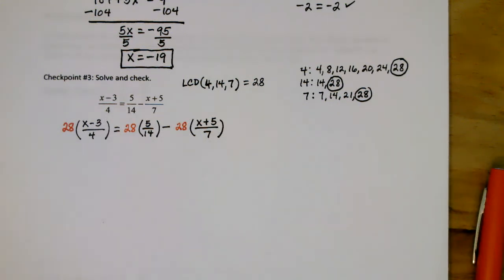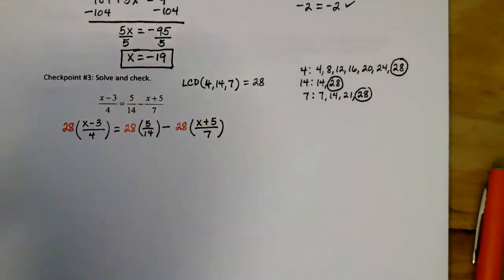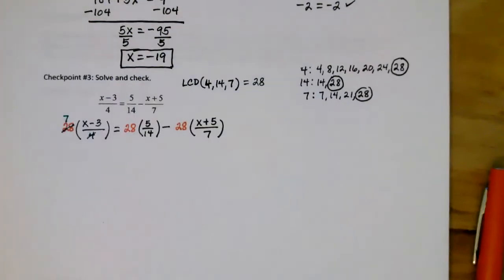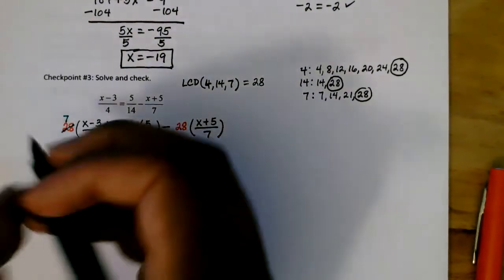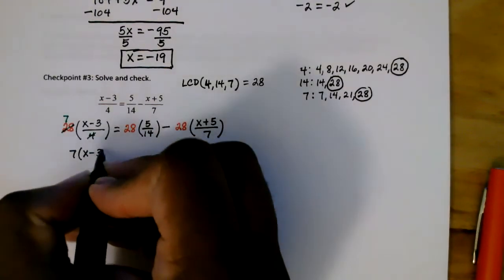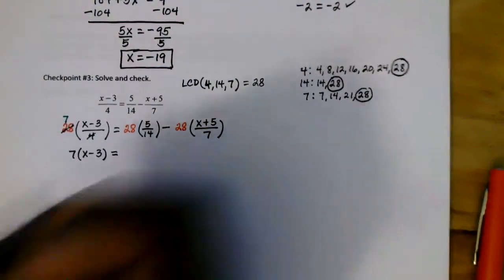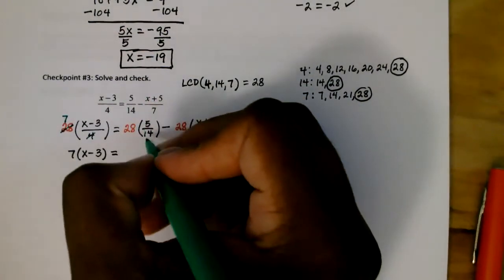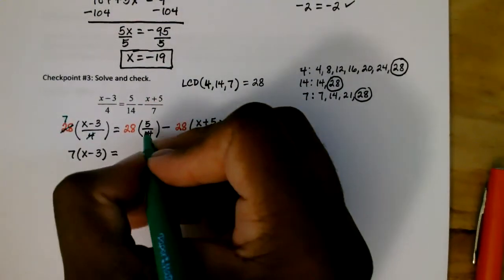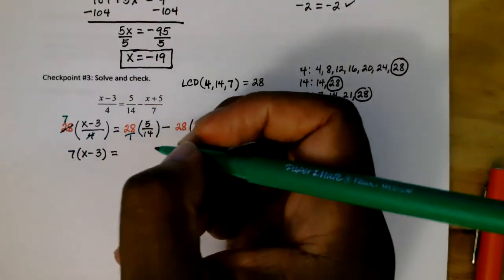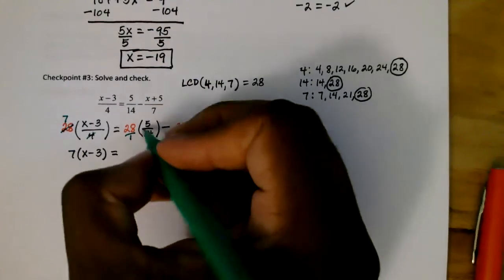And now we're going to simplify all of this. In this case, for this first term, if I divide 4 into 28, that will go 7 times. So that means I'm going to have 7 times the quantity x minus 3. And that's going to be equal to, for 28 times 5 over 14, this is simply like 28 over 1, by the way, if you're not familiar with that.